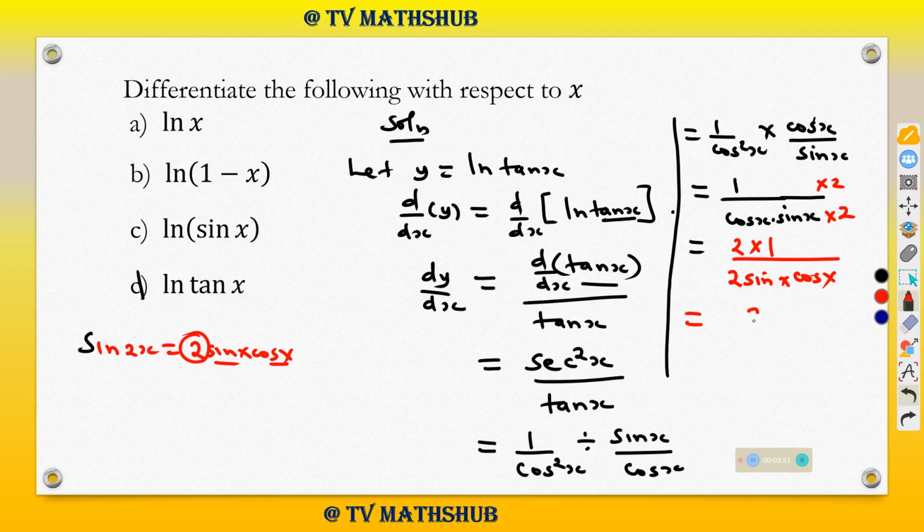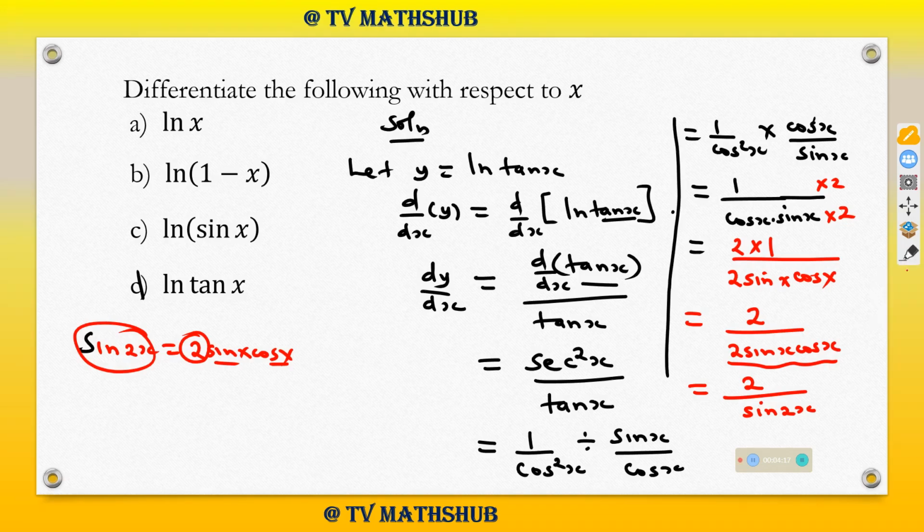So what shall we have? We shall have 2 upon 2 sine of x cos of x. But we can easily see that this expression that we have in the denominator is actual expression representing sine 2x. So this will give us 2 divided by sine of 2x. But still, we cannot leave our answer at this given point. We can still do something from here.